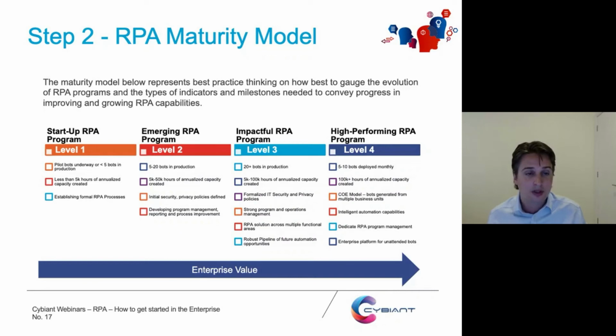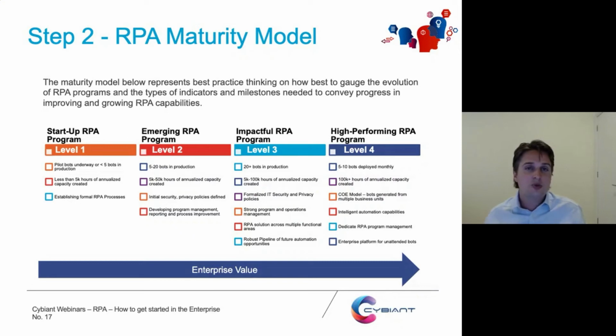The first phase is what we typically refer to as the startup RPA program, and it's typically associated with level 1. Within the startup program, you need to start building knowledge. That's basically the crucial stage. The second part that's important in the startup program is to identify a number of use cases where you can start to make some quick wins when it comes to automation projects.